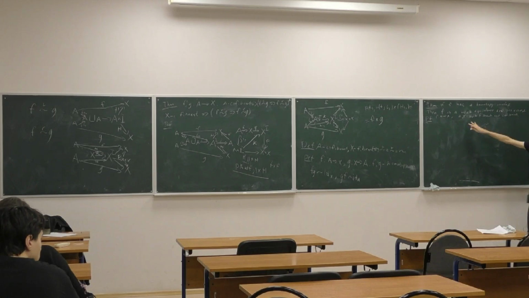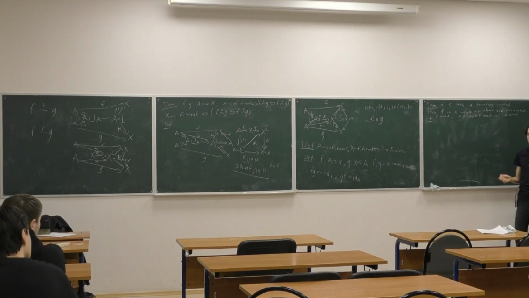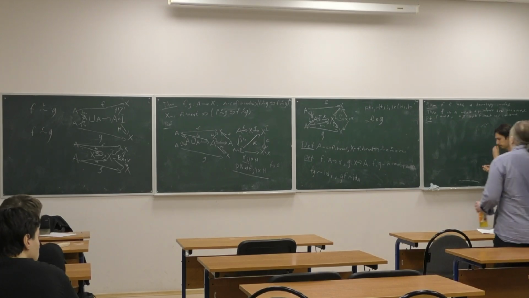So if A and X are nice spaces, then we have the analog of the homotopy definition for topological spaces.